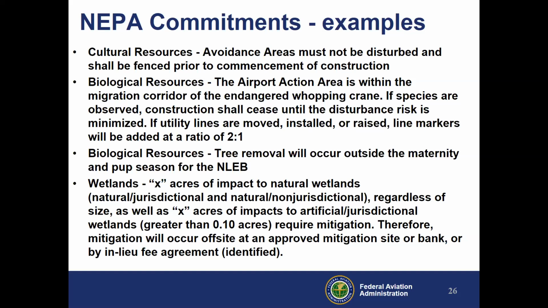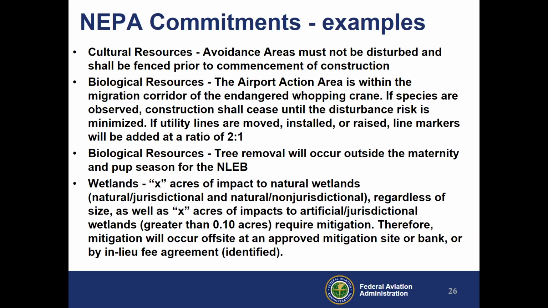For biological resources, there's been a few occasions where we're in the migration corridor of the whooping crane, and Fish and Wildlife has requested that we mark the utility line for every length in feet that's moved, installed, or raised. We have to mark the new line at a ratio of 2:1.